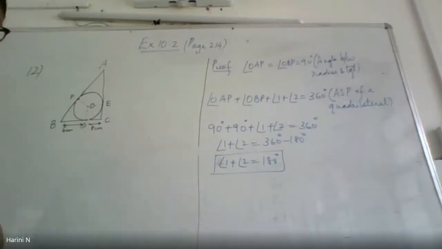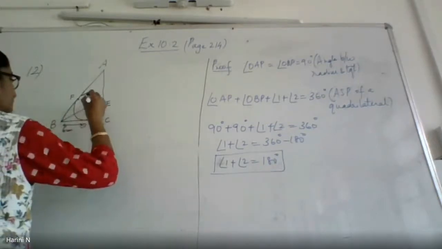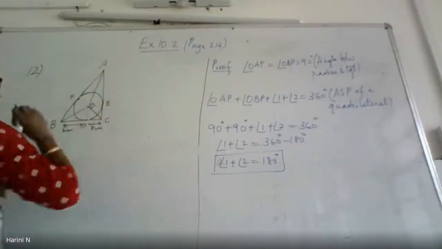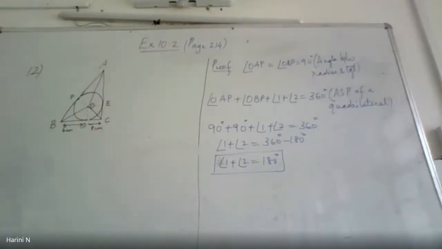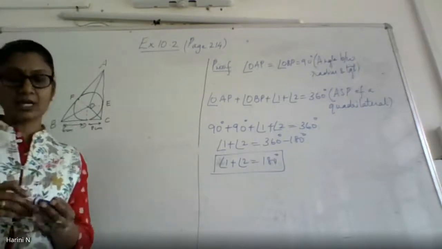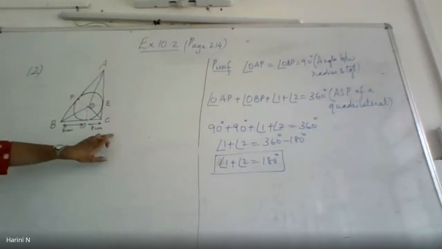The next thing that I'm going to do is, I'm going to join all the 3 vertices, that is A, B and C, with the center of the circle. Now by doing that, what did I achieve? I have broken down the entire triangle ABC into 3 smaller triangles. Can you see?